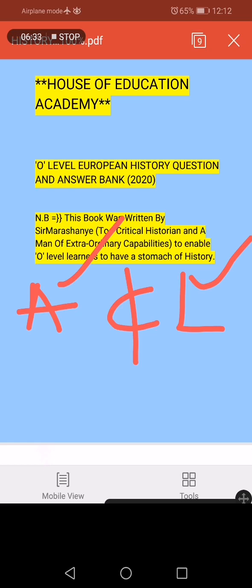That enmity was increased by the system of alliances, by the arms race, by the first and second Moroccan crises, and all those things. They increased the tension which emanated from the Franco-Prussian War. I think you are getting it. So it is very important for me right now to explain the Schlieffen Plan and also Plan 17.